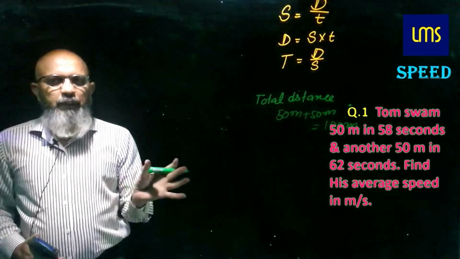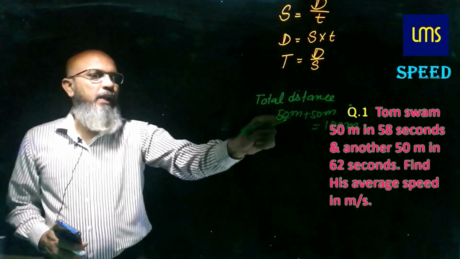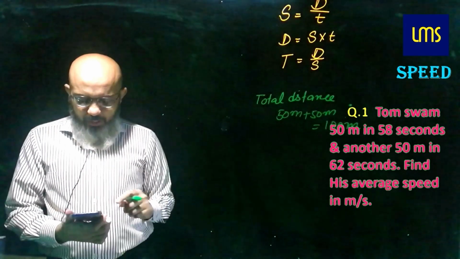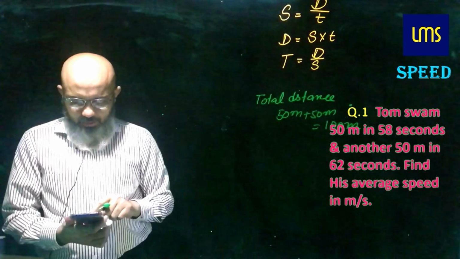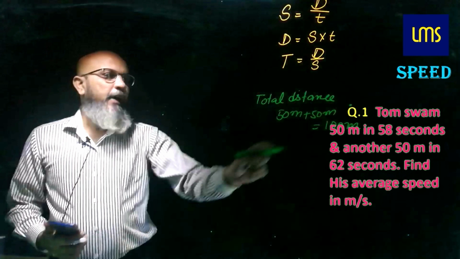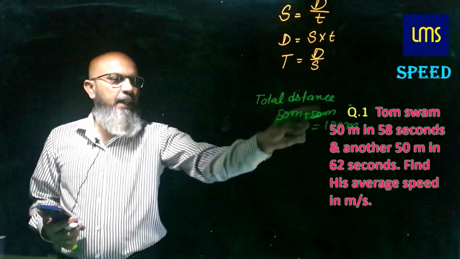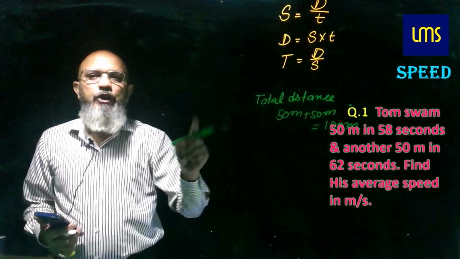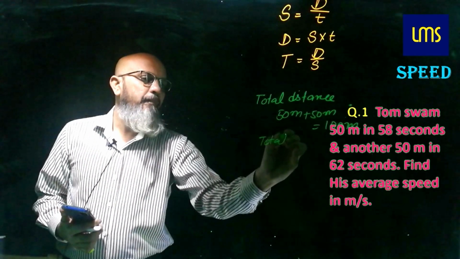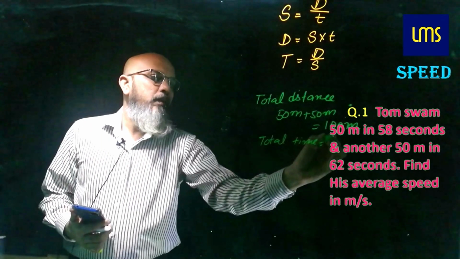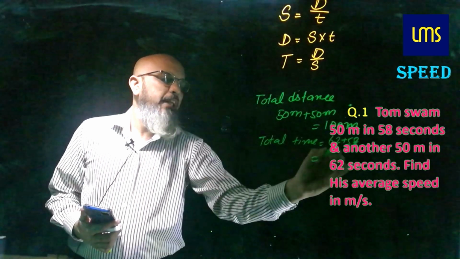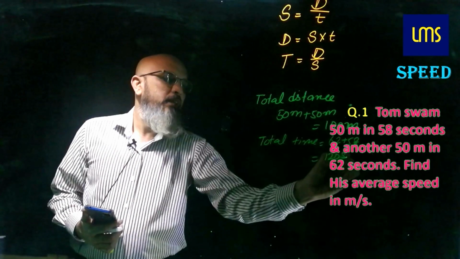Now how much total time did he take? He took 58 seconds. Is it seconds or minutes? Let me confirm it. That is seconds. He swam 50 meters in 58 seconds, then he swam the next 50 meters in 62 seconds. So his total time is 62 plus 58, that is 120 seconds.